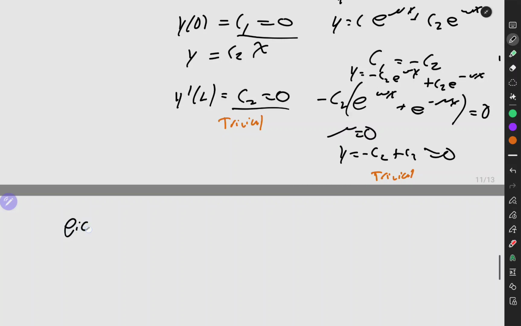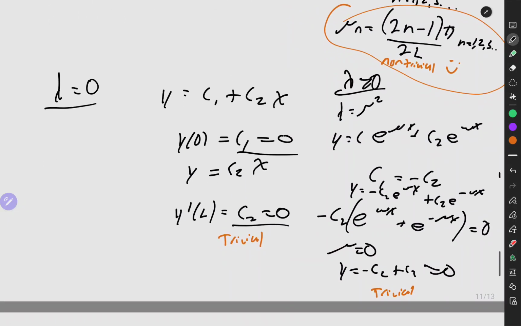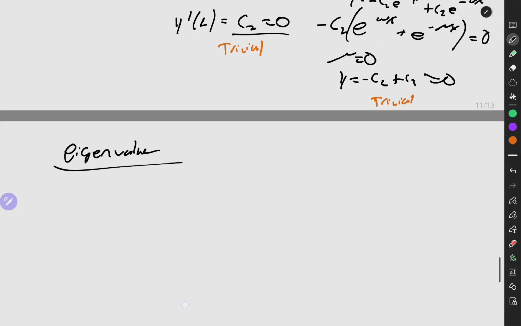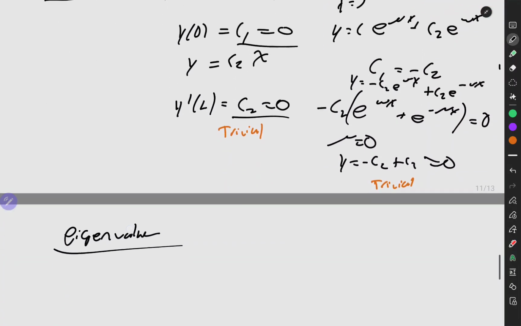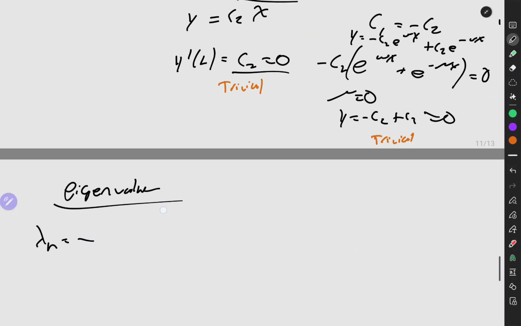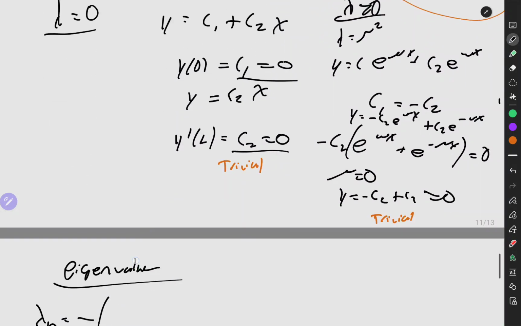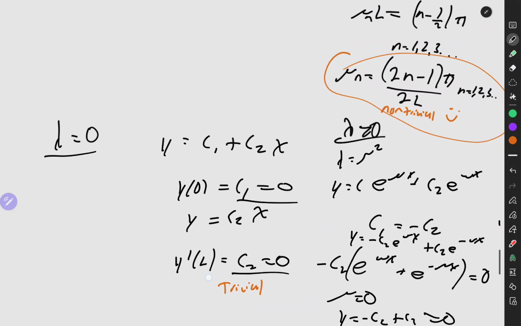So our eigenvalue is... that was for when it was less than 0. Okay. Oh yeah, it's less than 0 now. So this is going to be a little different, I guess. The whole thing is just going to be negative. I'm going to write it like this. Oh man.